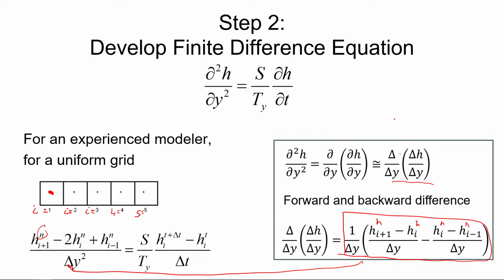What is this n exactly? This n tells you something about the time. So let me show you what this equation means. Basically this equation means that this value here does not depend on this value here. Let me show you.